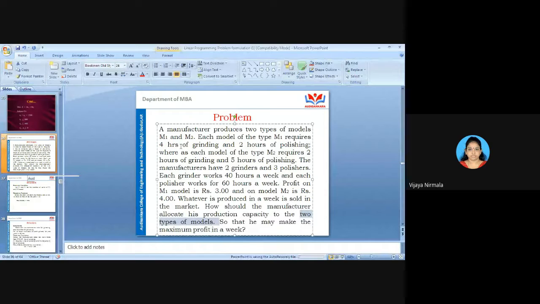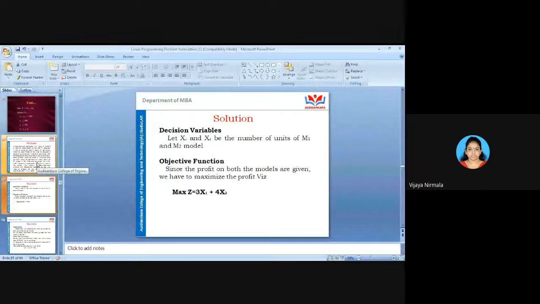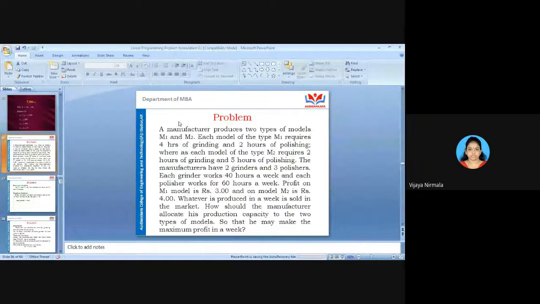This is the problem they have given, and no table is there for you, and now you have to solve it. So let us see the problem. Try to understand, be attentive.